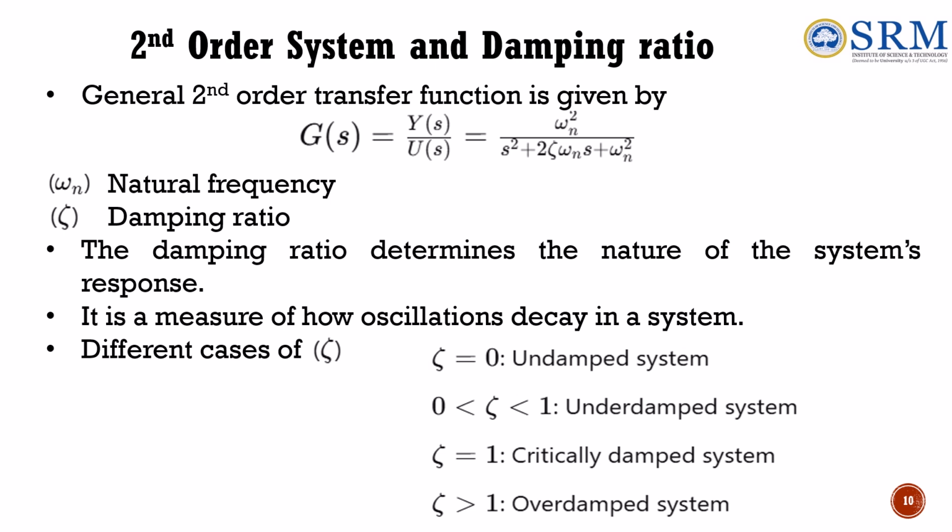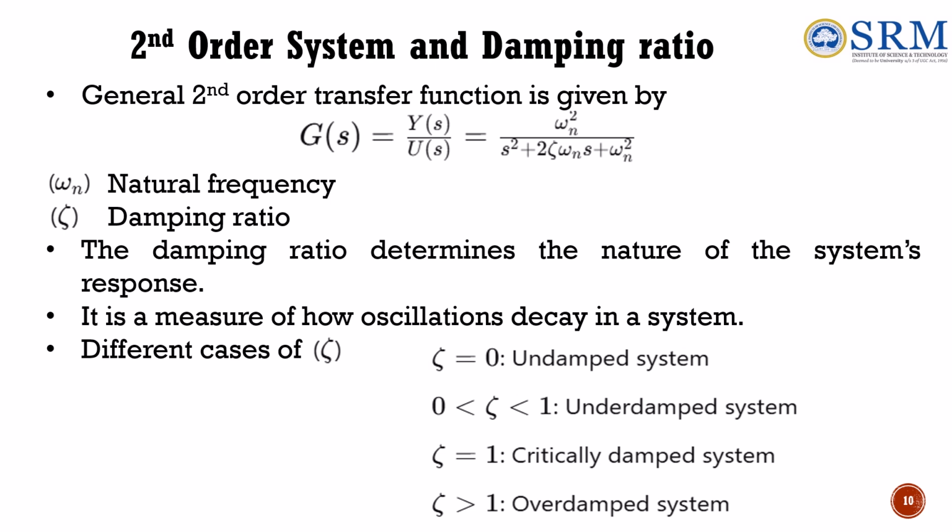Next, we are going to see second order general transfer function and damping ratio. The general second order transfer function is given as g of s equal to y of s by u of s, which is equal to omega n square divided by s square plus 2 zeta omega n s plus omega n square.